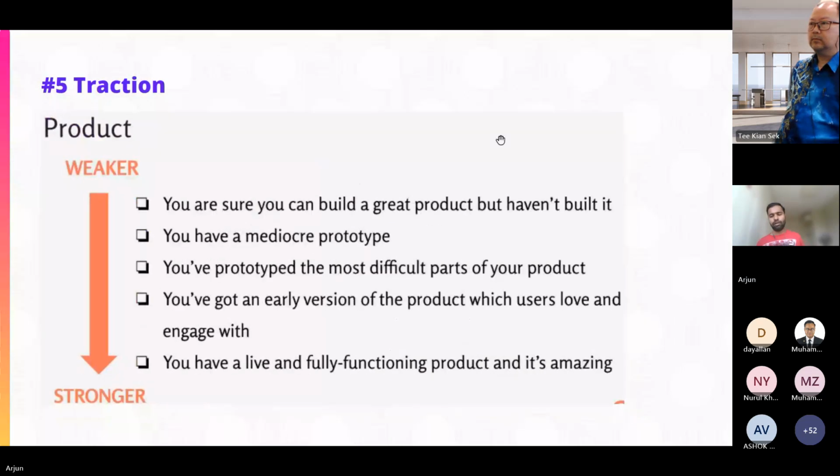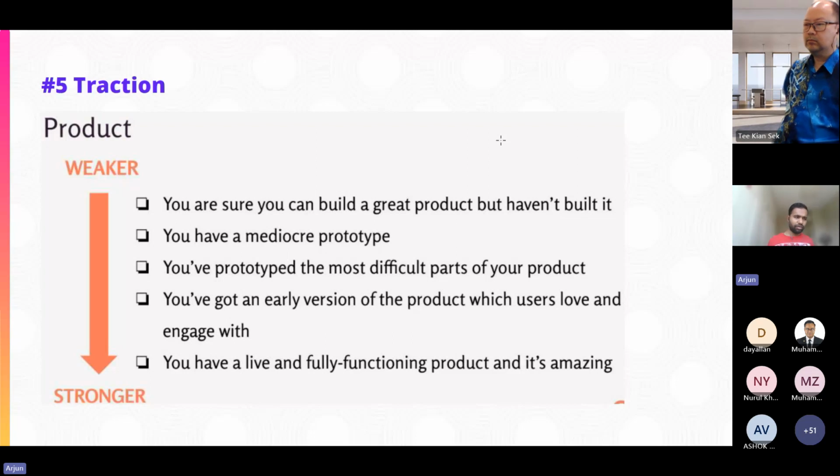And then the product itself. When you are starting off to build a product, everyone will think that you can complete it, but over that journey you will understand there are a lot of difficulties, a lot of challenges, a lot of hurdles to pass through. So if you just think that you can build a great product but you don't have any idea of how to do it, then it's very weak traction.